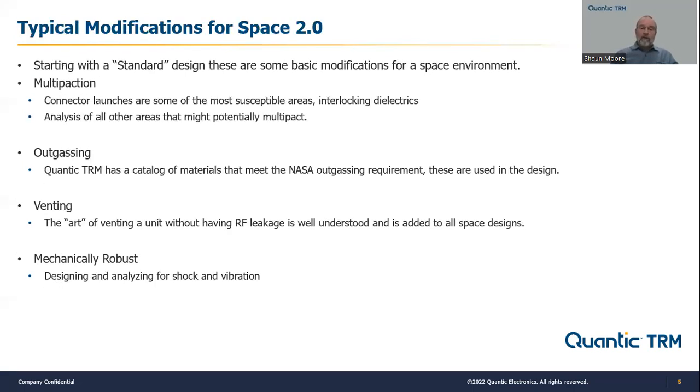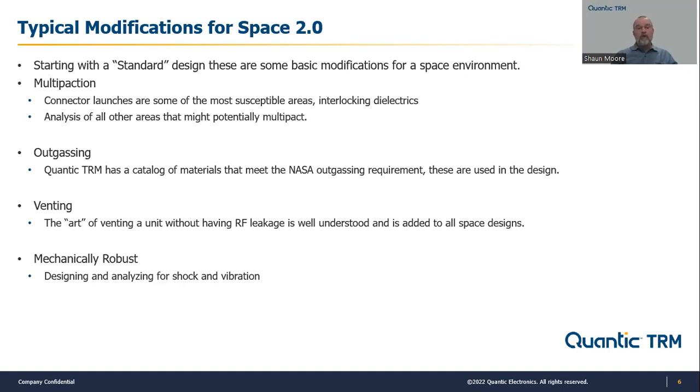Yeah, sure. So this is the way that we handle it here at TRM. Basically, we start with a standard component. For multipaction mitigation, the connector very often needs to be changed. There are 2 things here that deal with the connector. First off is the epoxy that is used to stick the center conductor, which for most connectors does not meet the outgassing requirements.